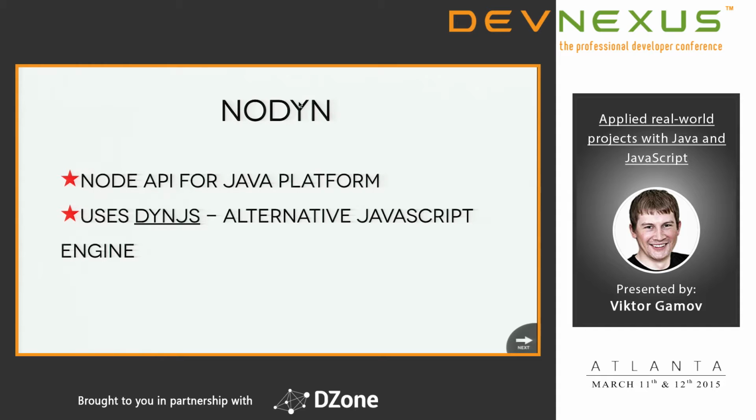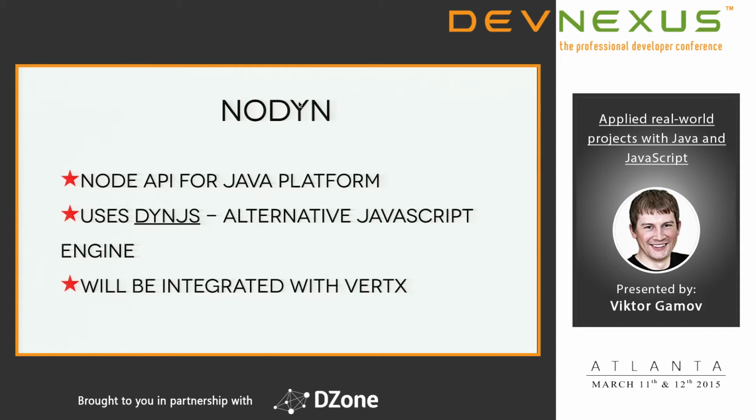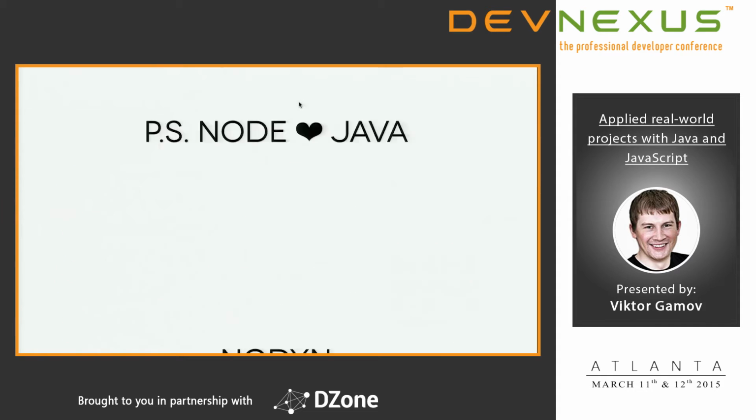Very smart people at Red Hat, they also like doing their own stuff. And again, you might not want to use Nodyn directly. It will be integrated with Vert.x version 3. So Vert.x version 3 will give you the ability to use Node.js in your Java application.